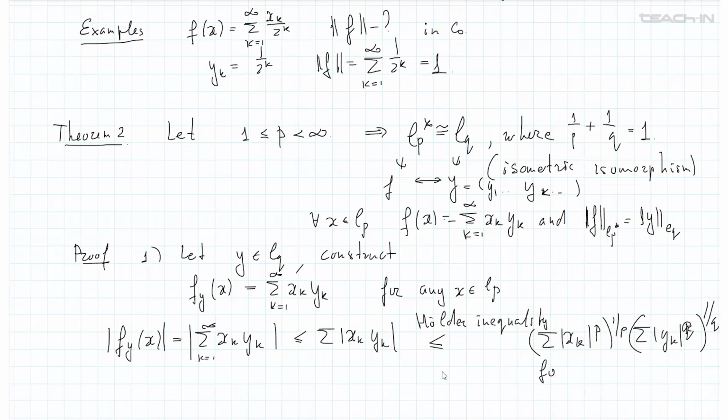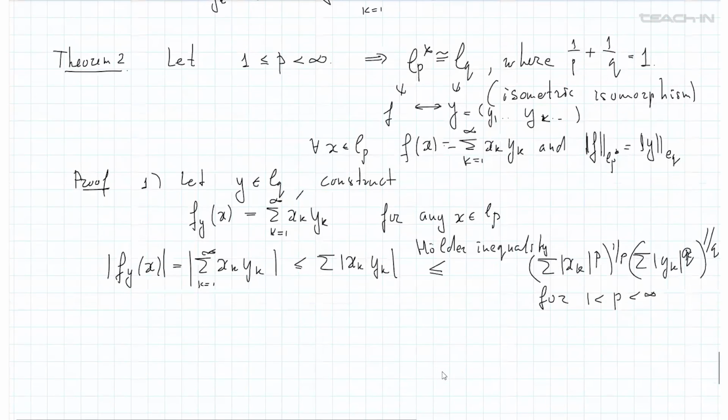It is for 1 over p when p is not 1, and if p is 1, then q is infinity, and similarly for p equals infinity.